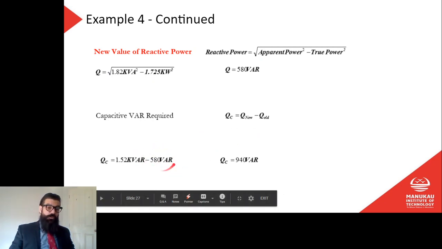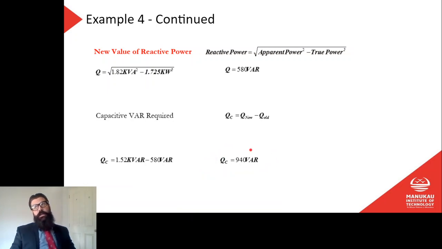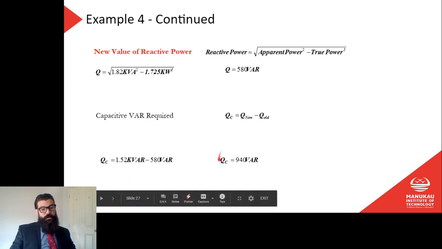That'll be our new VAR. 1.52 is our current. So we want 940 additional VAR, additional capacitive power, to bring our 1.52 kVAR to 580 VAR.